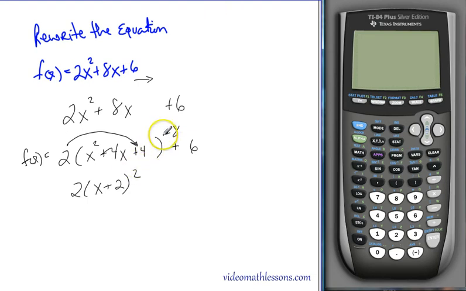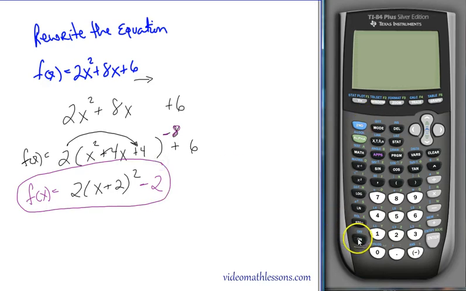So minus 8. Then the right side: negative 8 plus 6 is negative 2. That's my answer. That's the equation, the same equation just written differently.